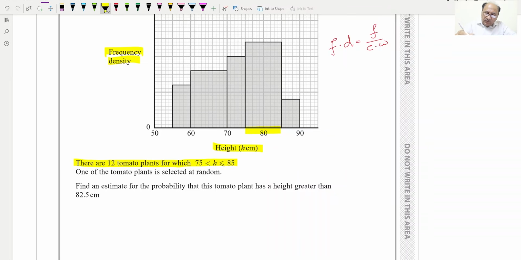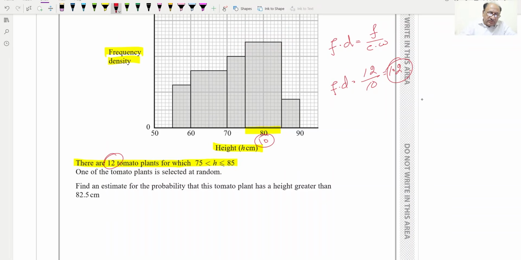So if we check, the class width is 10 in this case. So we can find the frequency density. This will be equal to frequency, which they have given as 12, so 12 divided by 10 will be equal to 1.2. So it means the height of this bar is 1.2.